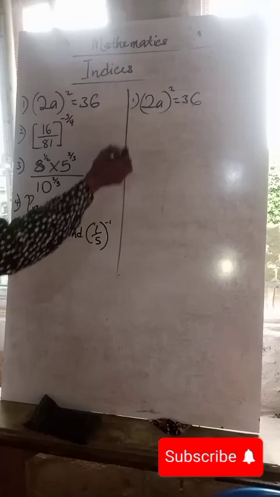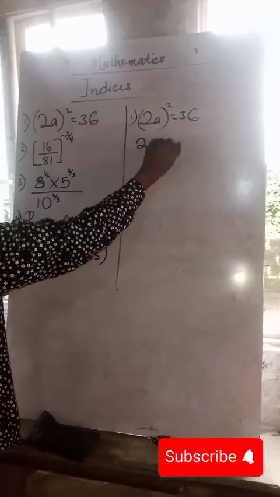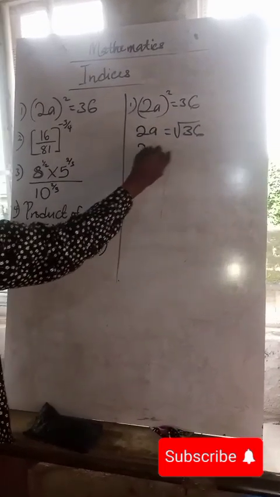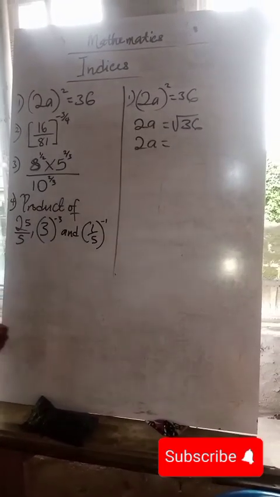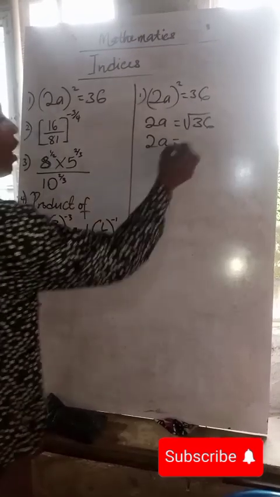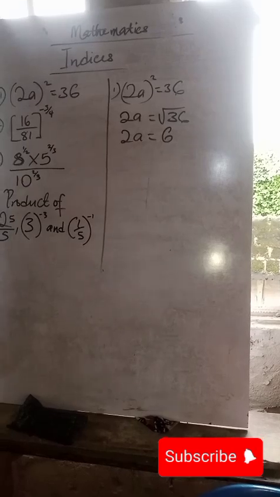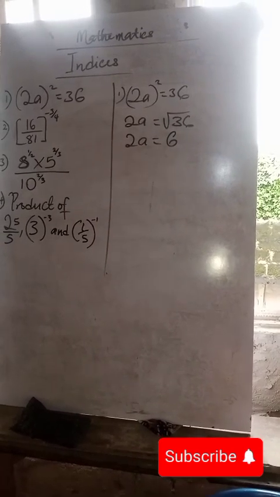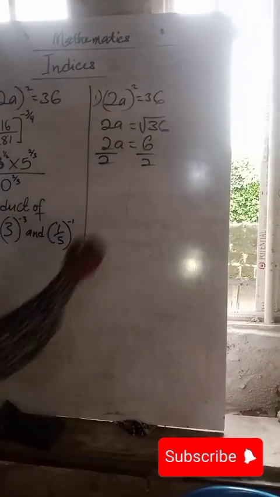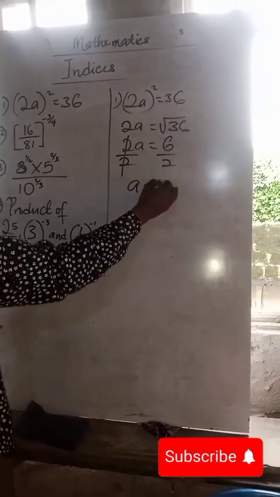So when this square crosses to the other side, we have 2a is equals to the square root of 36. What's the square root of 36? We have 6. So what do we do at this point? We divide both sides by the coefficient of a, which is 2. So you divide by 2, you divide by 2. This will give us a is equals 3.